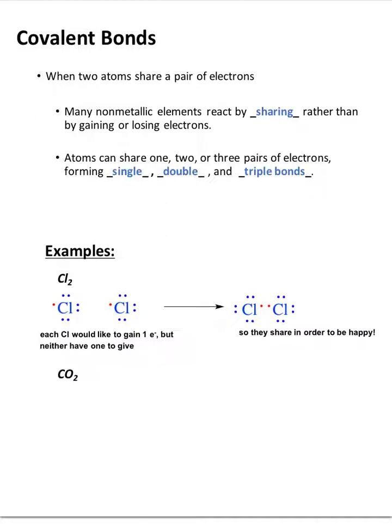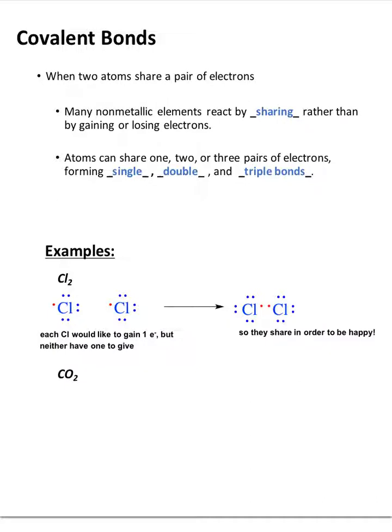It doesn't really want to give up 7 electrons. So if you have 2 of those atoms coming together, the problem is that neither one of them wants to give up an electron to make the other atom happy. So what they do instead is they share those 2 electrons so it can form a bond, and each one of them will have the 8 electrons.